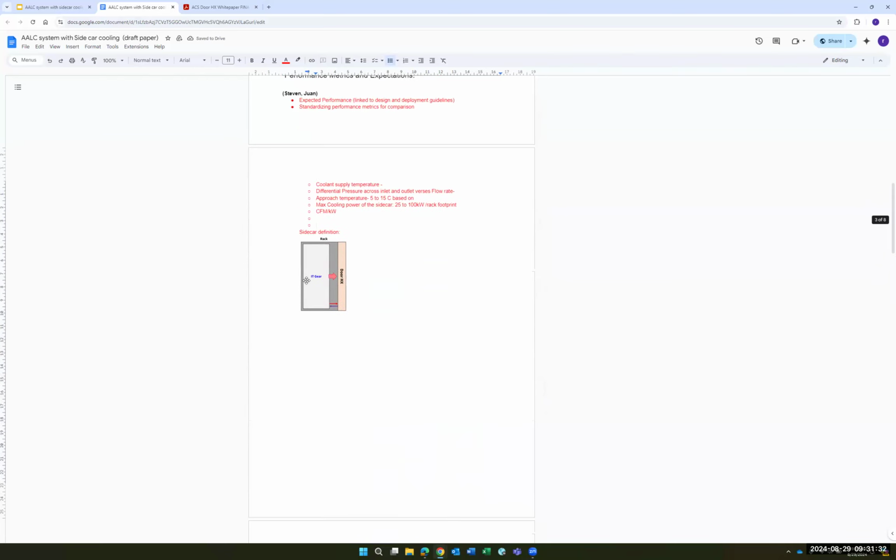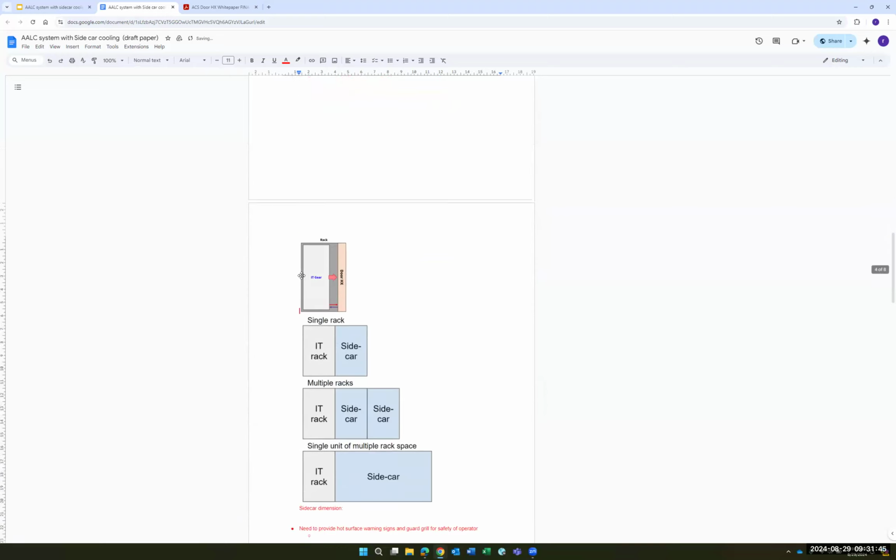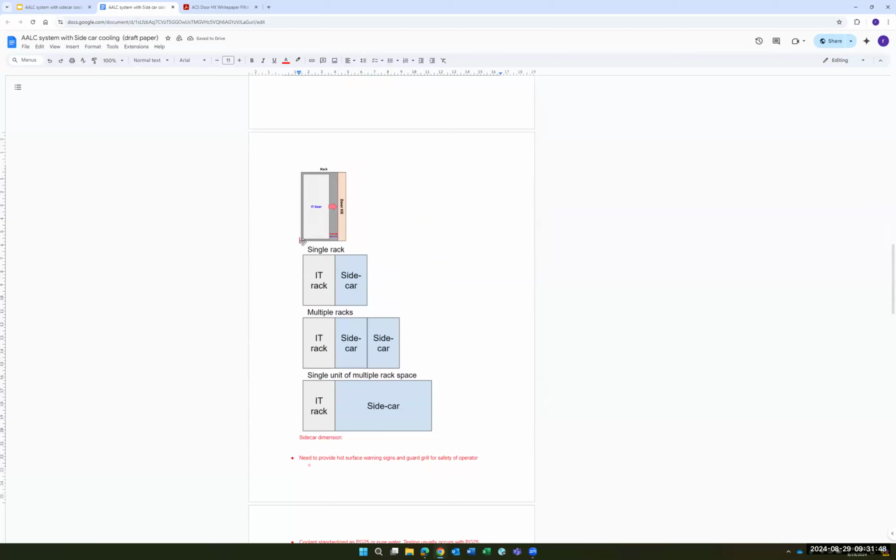But I think having the same approach temperature range on all of these diagrams and a range of cooling capacities for all of these diagrams would make it really easy for somebody to look at this and see where they need to be.